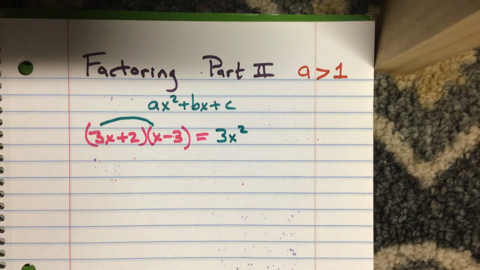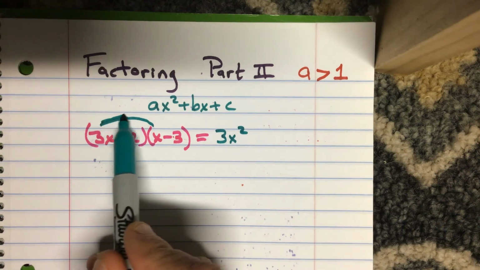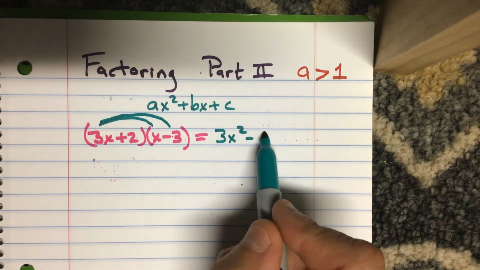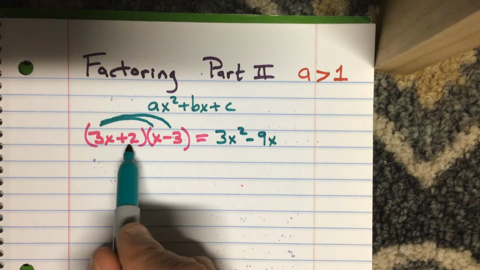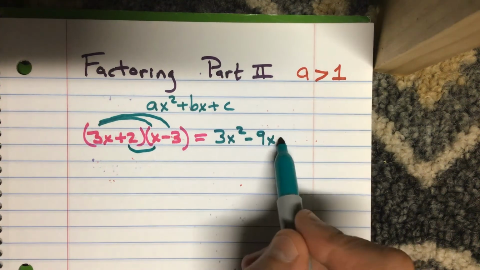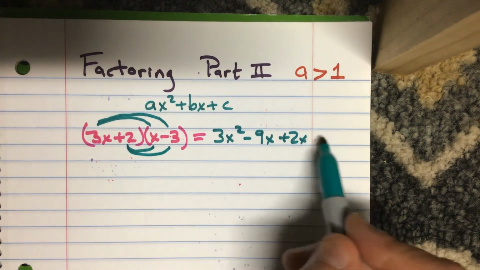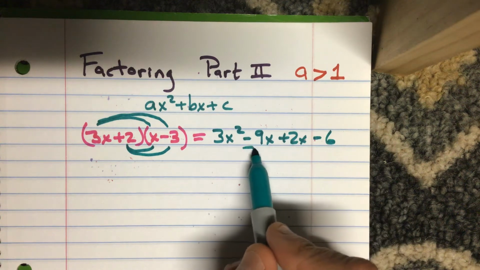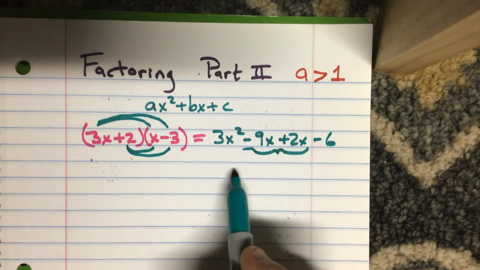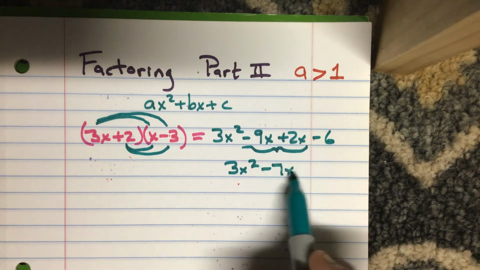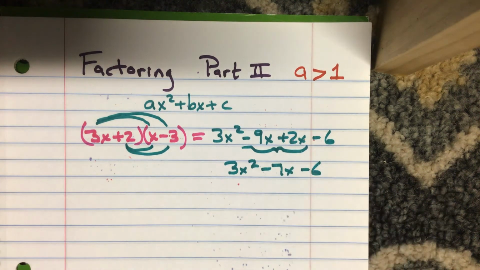Then the outer, 3x times negative 3 is negative 9x. Inner, 2 times x is 2x. And the last, 2 times negative 3 is negative 6. Combine like terms, and you get 3x squared minus 7x minus 6.